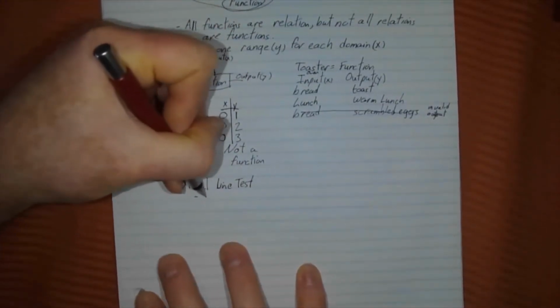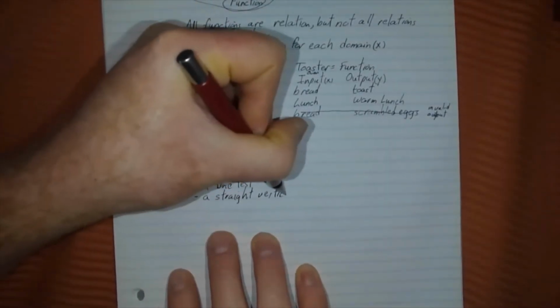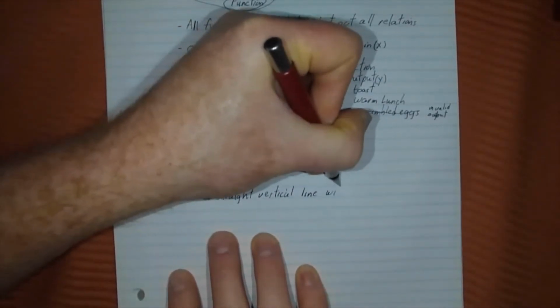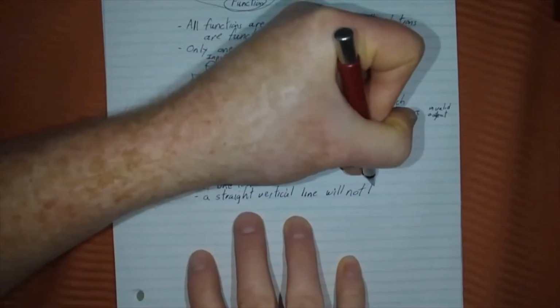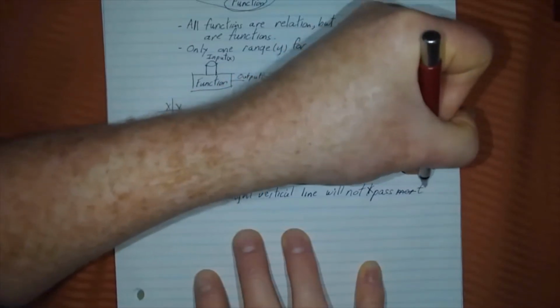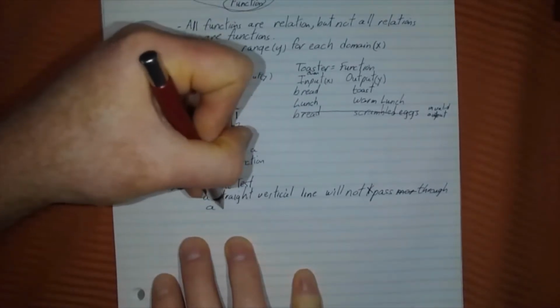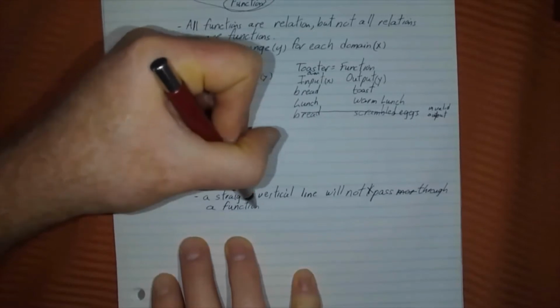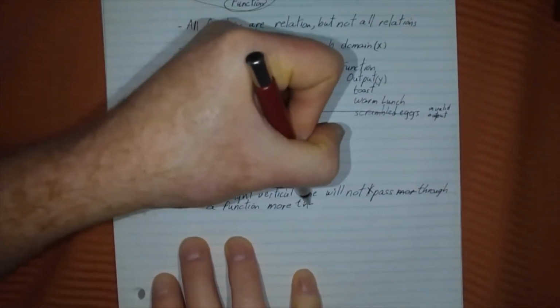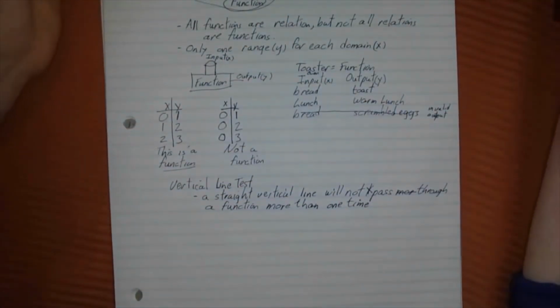The vertical line test states that a straight vertical line will not pass through a function more than one time.